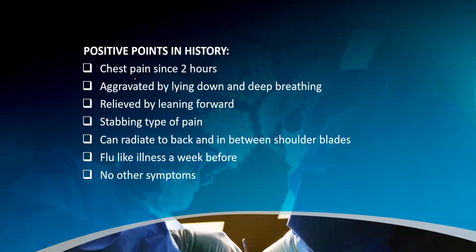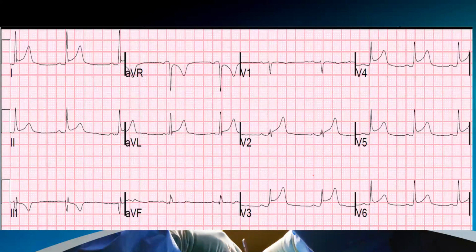The positive points in the history are the patient having a chest pain for 2 hours, aggravated by lying down and deep breathing, relieved by leaning forward, stabbing pain, can radiate to the back and in between the shoulder blades, flu-like illness a week before, and no other symptoms. So it's all typical history of pericarditis.